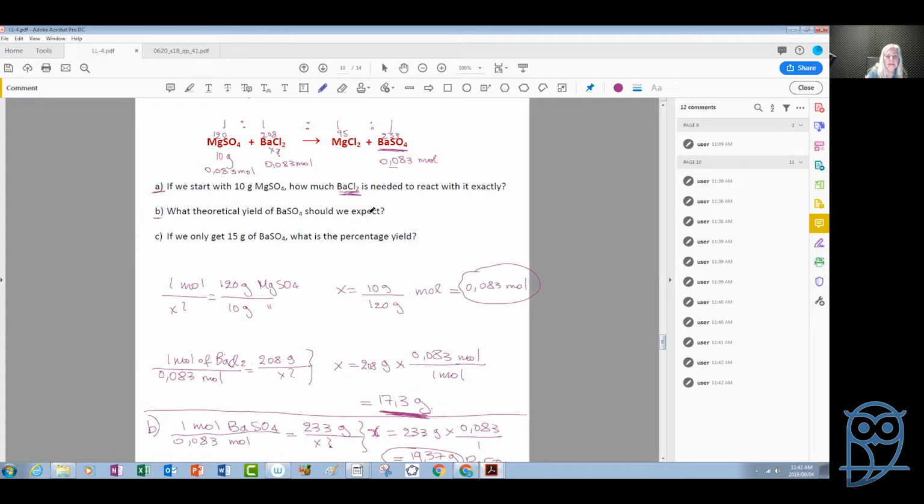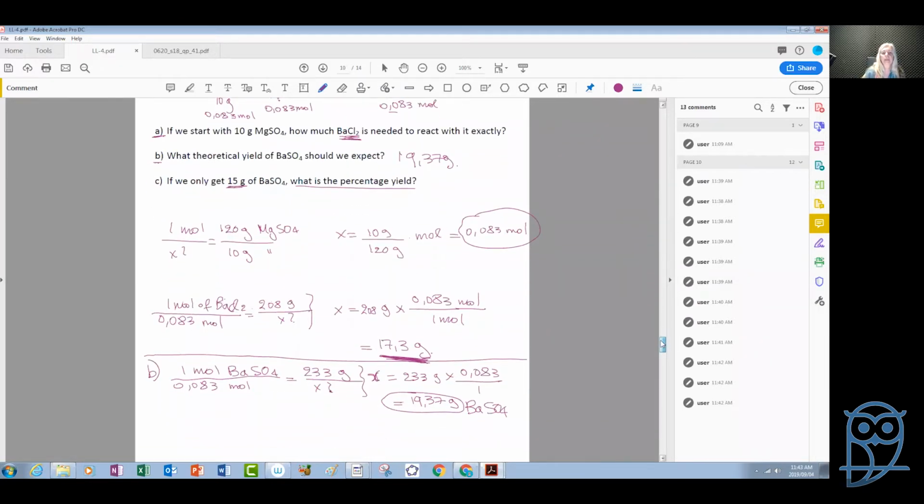All right, so this is what we found here, 19.37 grams. If we only get 15 grams of barium sulfate, what is the percentage yield? So we do the experiment, in other words, we do the reaction with the real products, and we find that we get 15 grams instead of 19.37. What is the percentage yield?